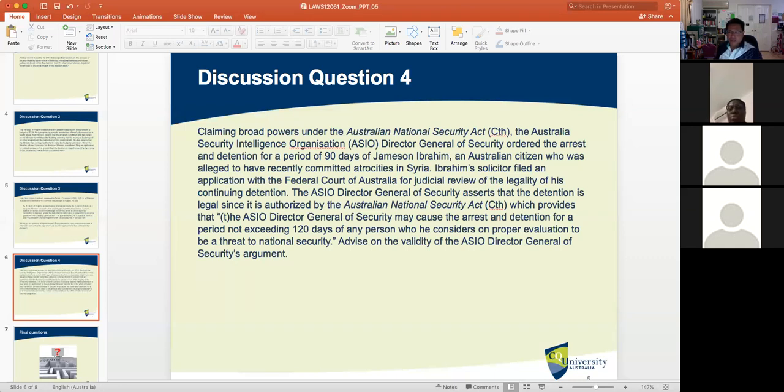Now, the case of Chu Keng Lim versus Minister of Immigration actually makes a distinction between whether or not the one whose rights have been interfered with would be an Australian citizen as opposed to being an alien. So the High Court has said that an Australian citizen has certain rights against being arbitrarily deprived of liberty, but not aliens. And this is the reason why, if you examine the case of Vidalis versus Rudolph, especially in the case of boat refugees who continue to be detained in Manus Island, that is on the basis of the exercise of executive powers.